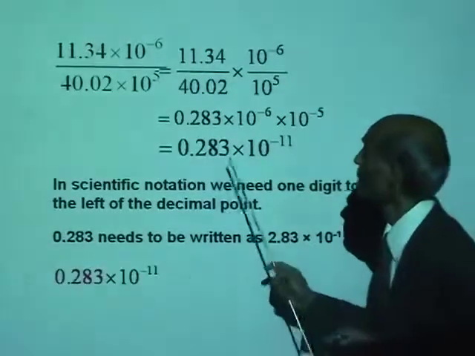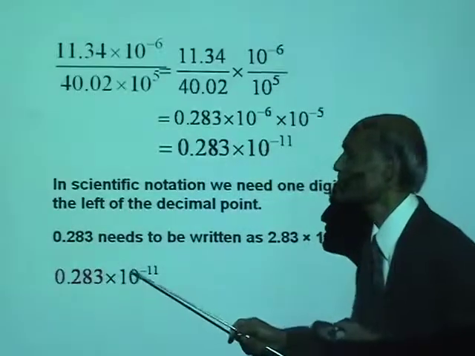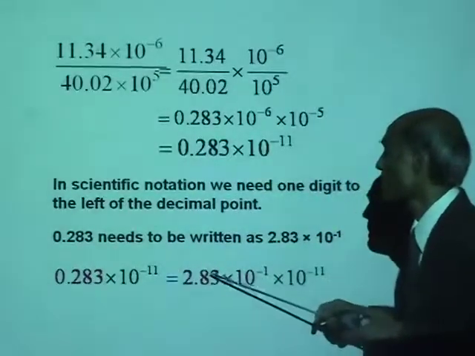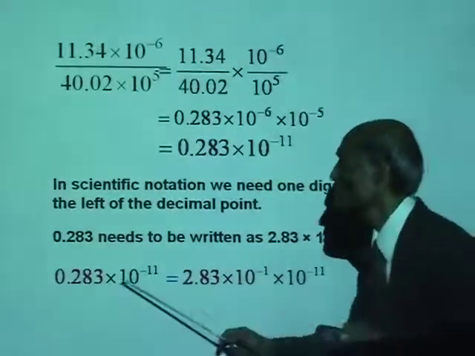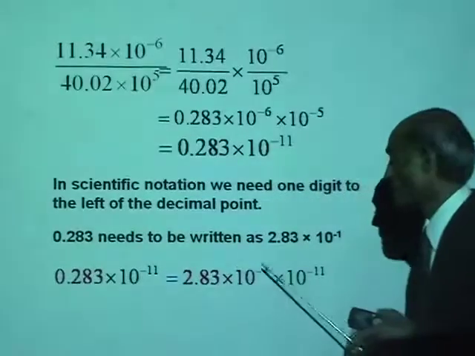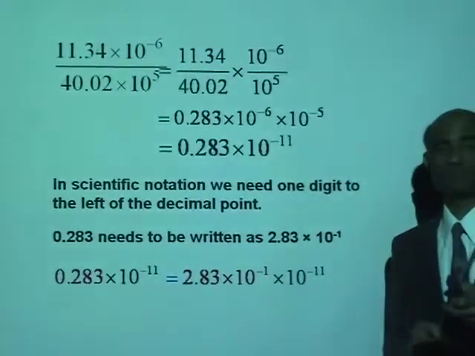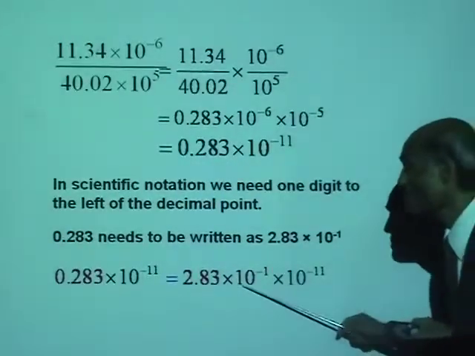Alright, so now this quantity 0.283 times 10 to the negative 11 is 2.83 times 10 to the negative 1. We wrote this in the scientific form, multiplied by 10 to the negative 11. And now one more time, multiply the powers of 10.